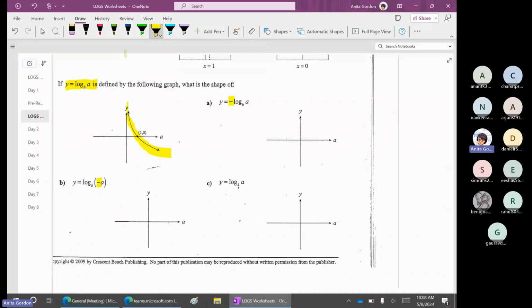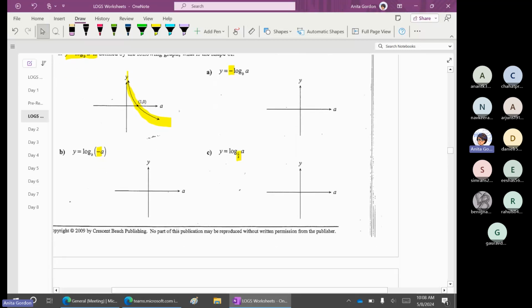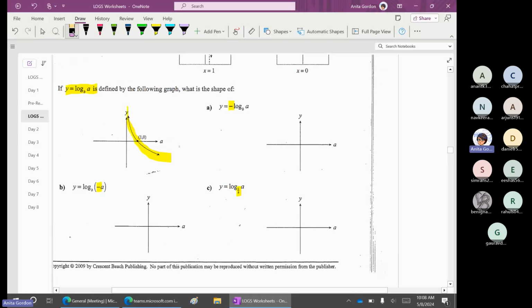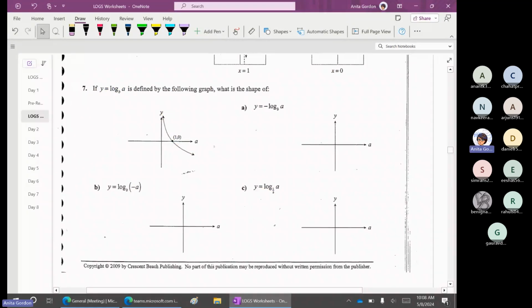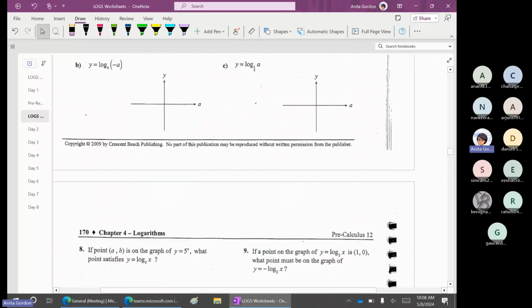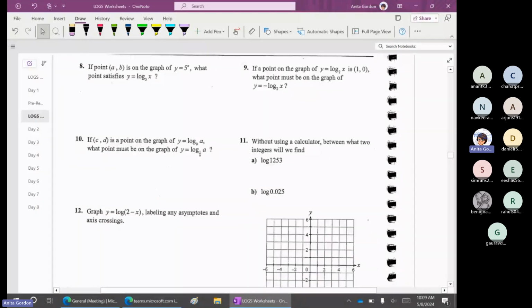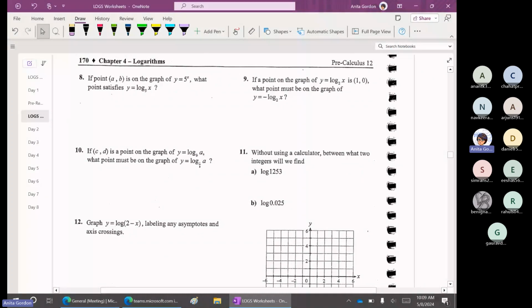What happens if you put a negative on the inside? That's a horizontal reflection. What happens if you invert the base? That's going to be a compression of some kind. So go through and take a look. Follow the patterns of transformations that you know. That's the first page. And then the second page is solving equations. So this is the same as what we did on page 2 of today's lesson.